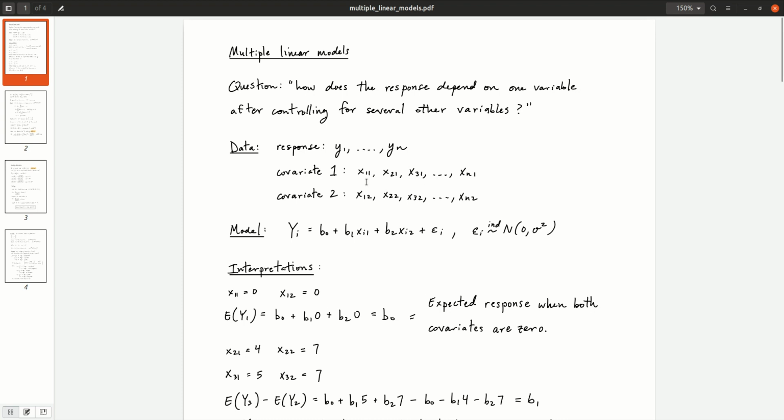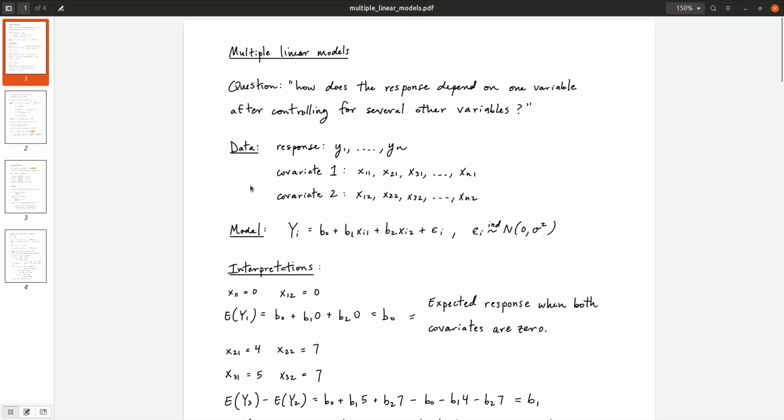What this means is that it's going to have two subscripts. The first subscript tells us which response it corresponds to, so x31 corresponds to the response y3. And then the second subscript tells us which covariate we're talking about. So if we go to covariate number 2, the first one is x12, the second one is x22, x32, up to xn2.